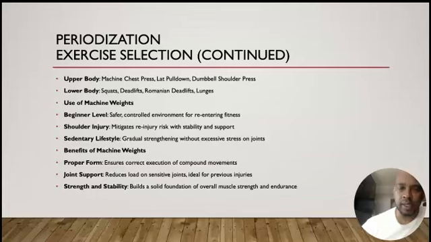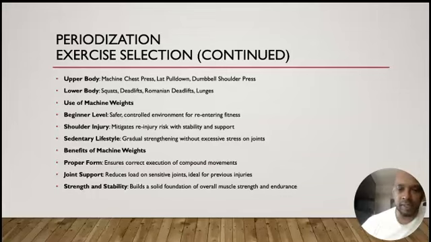For the lower body, the ideal recommendation was squats, deadlifts, Romanian deadlifts, and lunges. However, after doing his FMS, we found out that due to his condition of the anophasia, we went for more machines, so machine leg press.